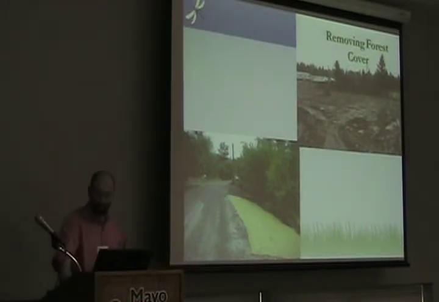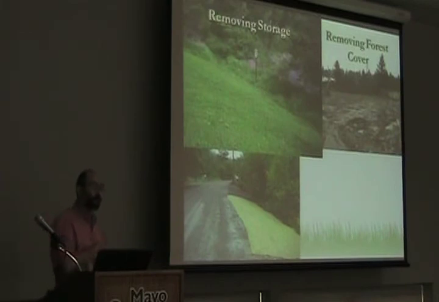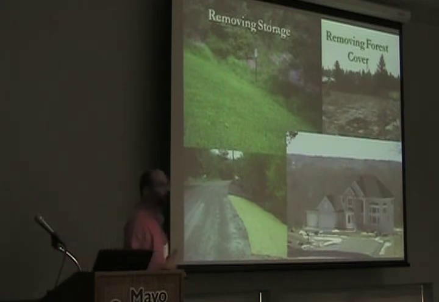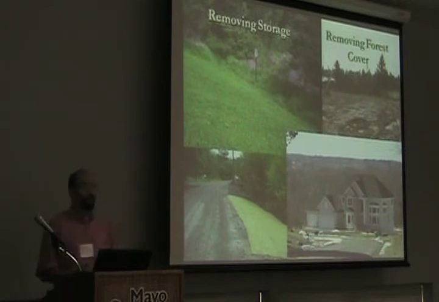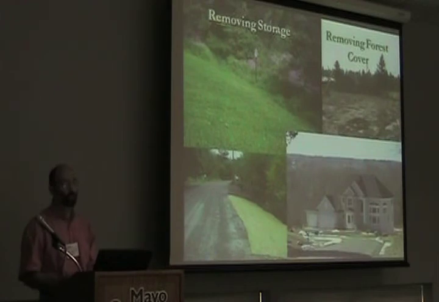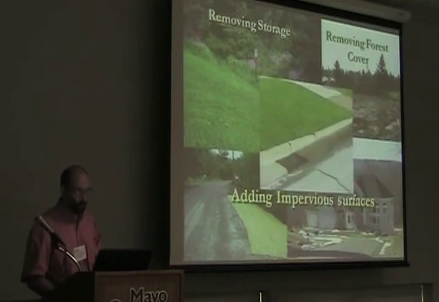Maybe we make it nice and flat, so there's no storage left on that surface, so the water flows off very easily. And we also add impervious surfaces, rooftops and roads and parking lots, and curbs and gutters that are designed to carry that water very quickly to the nearest water body, whether it's a stream or a lake or whatever it might be. So we do some pretty dramatic changes to our landscape, and that dramatically changes the way water moves across our landscape.